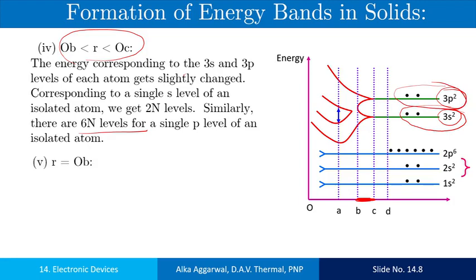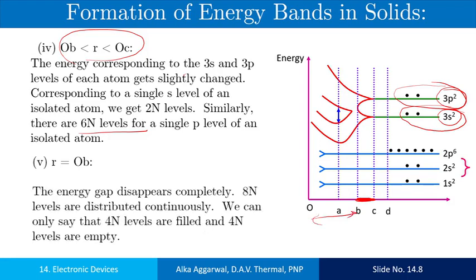Now when the distance is OB, at this distance, the energy gap between the s and p levels completely disappears, and we can say out of the 8n levels, only 4n levels are filled and 4n levels are empty.